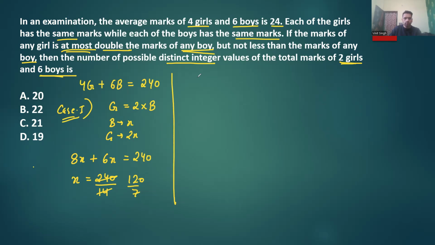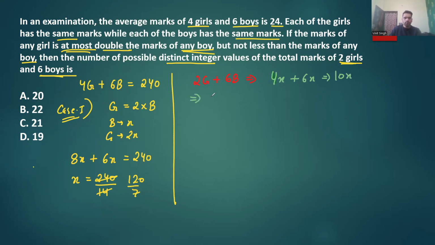Here 2 girls plus 6 boys. 2 girls' marks are 2x each, so it becomes 4x. 6 boys is 6x. It becomes 10x.